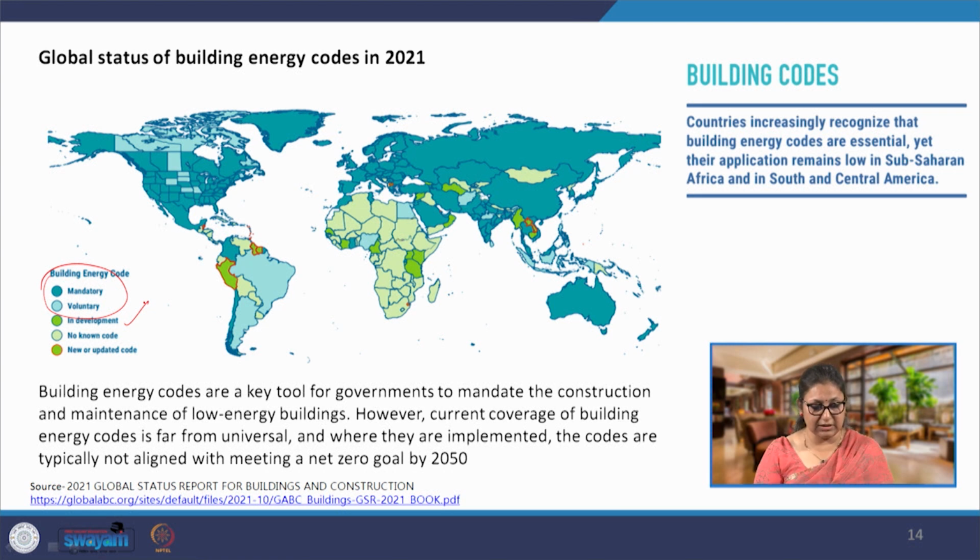But we can see clearly that almost all the world, most of the nations, have their own building energy codes, and a lot of them also have mandatory codes, which is why we see this indicator where the energy intensity per square meter of building area and the related emissions are coming down, but of course, the overall number is increasing.